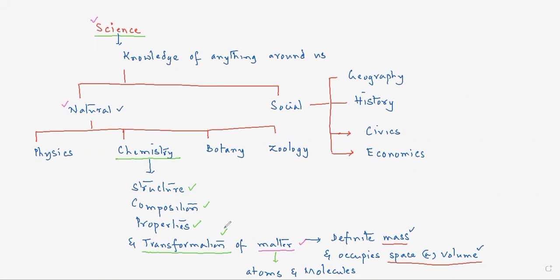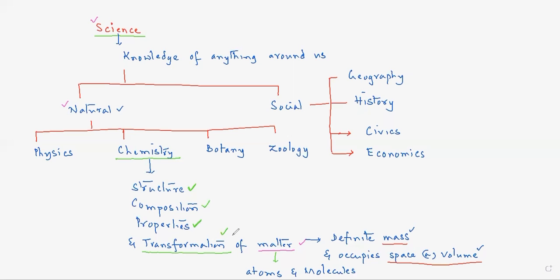Of course, we have two more states. The fourth one is plasma, and the fifth one is Bose-Einstein condensate. We'll discuss all those, but for the time being, remember, it actually deals with the structure, composition, properties, and the transformation of matter.